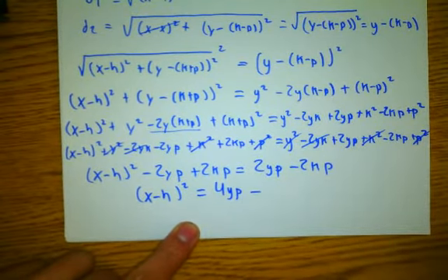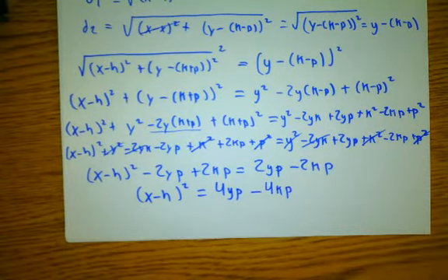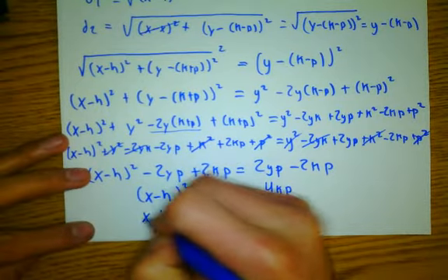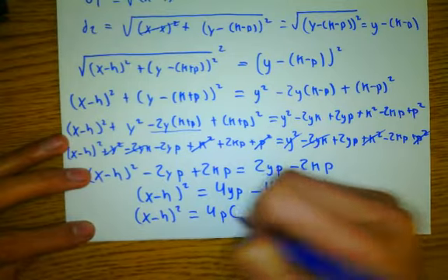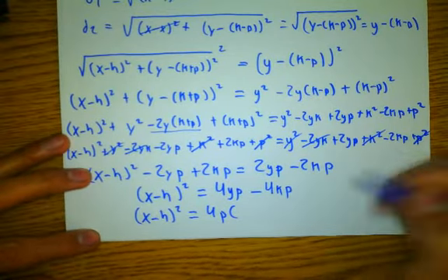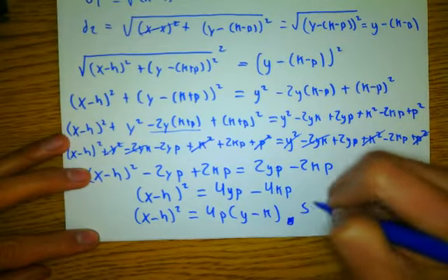Yes? And I like what happened on the right, because I could factor that out. What could you factor out on the right-hand side? A 4 and what else? P. And what would you be left with? Y minus k. This right here is known as the standard form for a parabola.